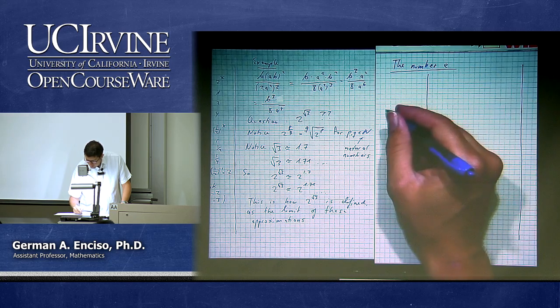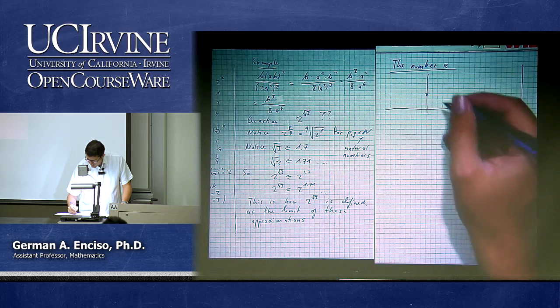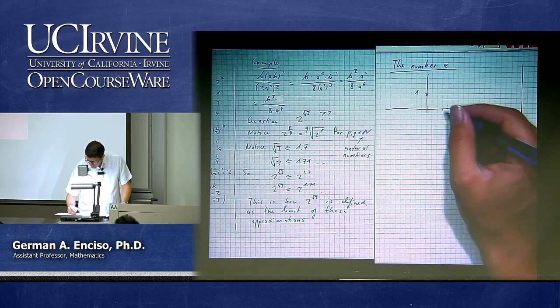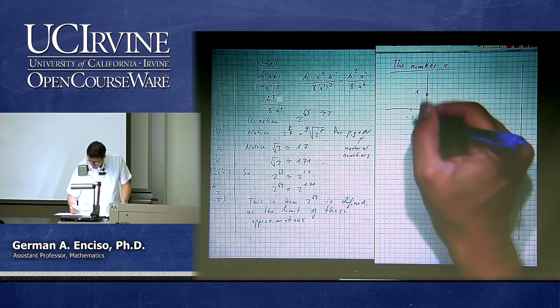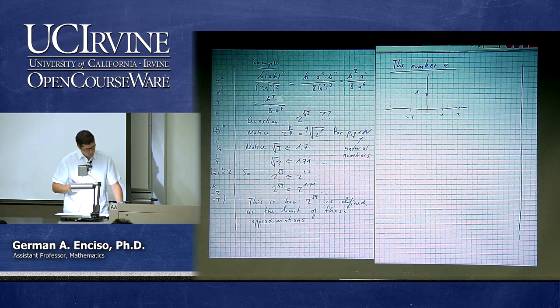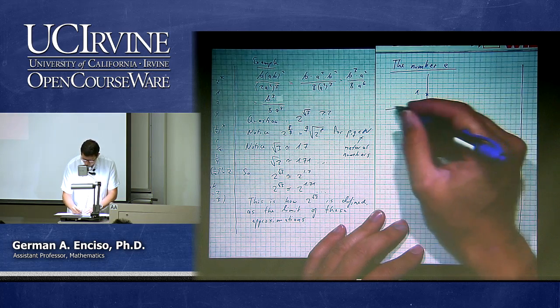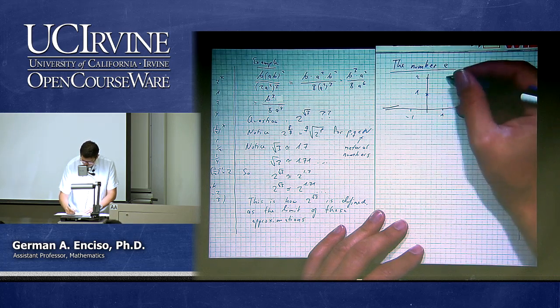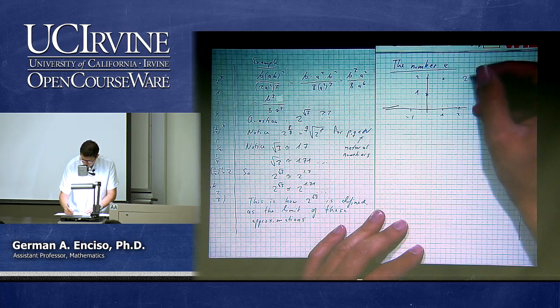I'm going to draw two more exponential functions. I'm going to blow it up quite a bit. This is going to be 1, 1, 2, and minus 1. So, first I'm going to draw 2 to the x.